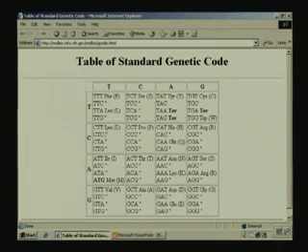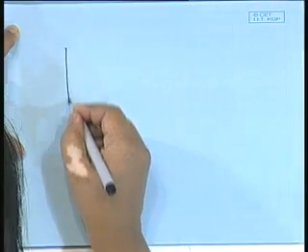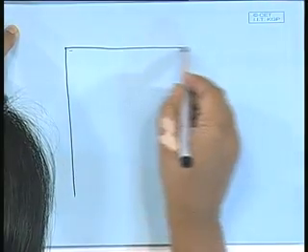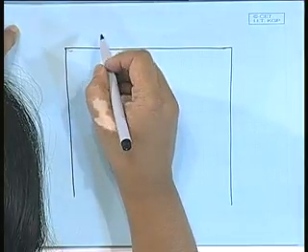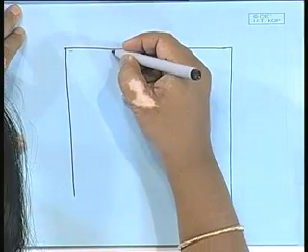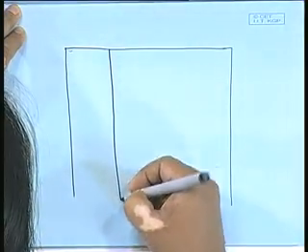This is what is called the genetic code. Okay. Now, in the genetic code, I will just show you what it means. We have something like this. This is the first base.